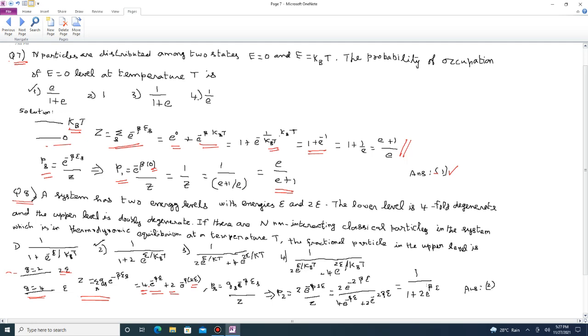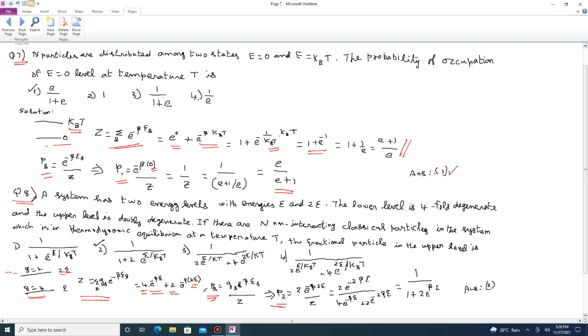Now the next step is to find the Ps. The question is the fractional particle in the upper level. So you are asked to find P2.